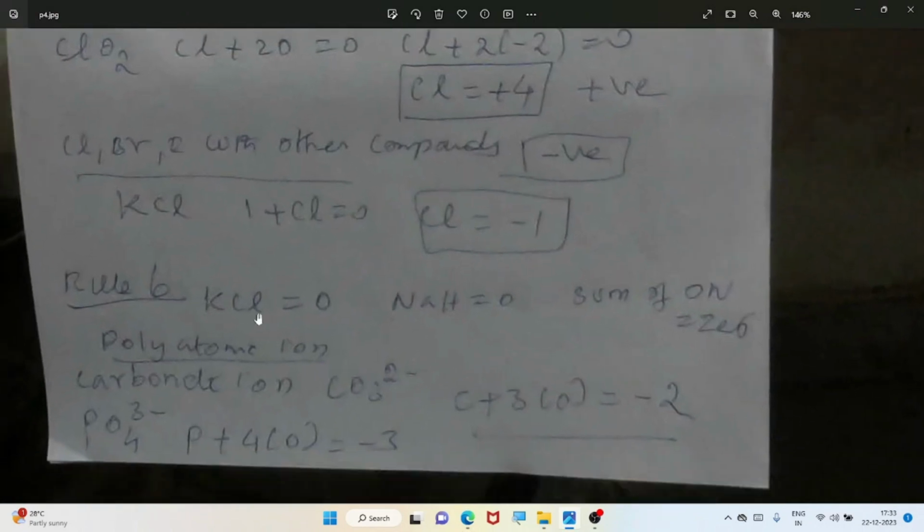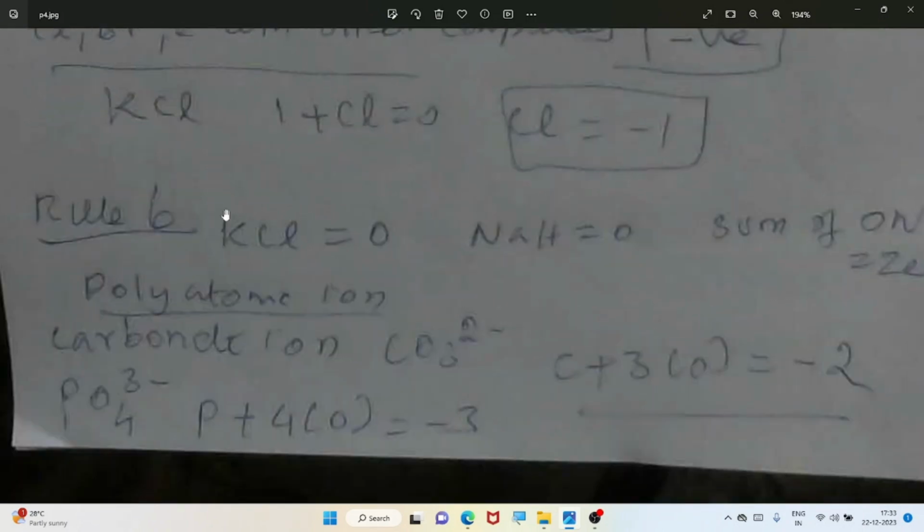If you take the neutral compound KCl, the sum is equal to 0: K is plus 1 and Cl is minus 1, and 1 plus negative 1 is 0. So for a neutral compound the sum equals 0, but for an ionic compound it is equal to the charge.